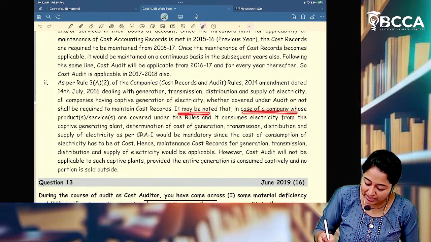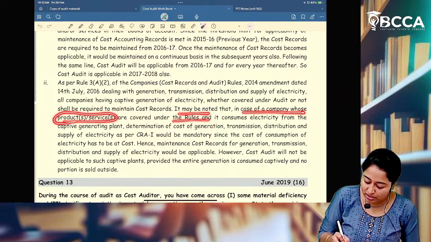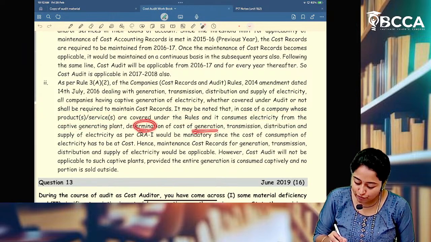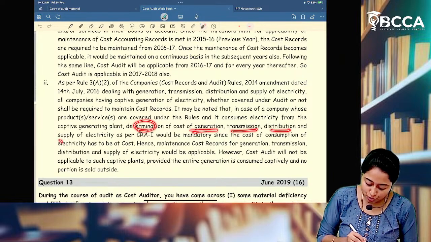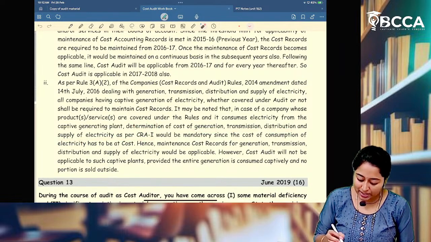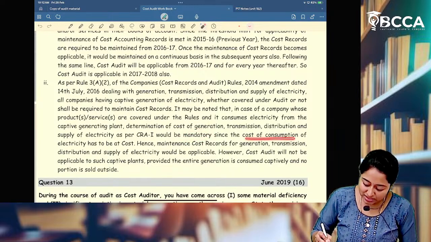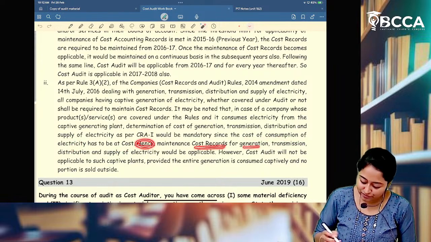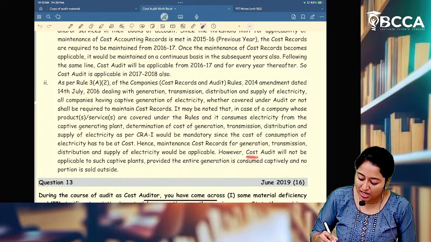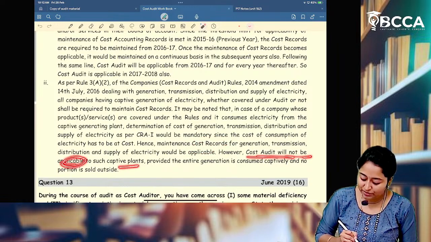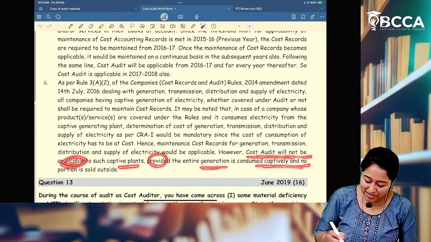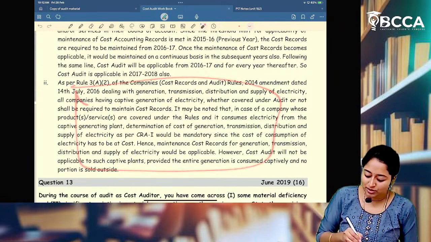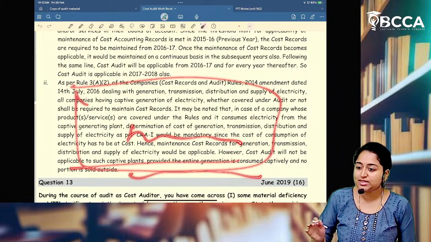It may be noted that in case of a company whose products or services are covered under the rules and which consumes electricity from the captive generating plant, determination of cost of generation, transmission, distribution and supply of electricity as per CRA 1 would be mandatory, since the cost of consumption of electricity has to be at cost. Hence, maintenance of cost records is applicable. However, the cost audit will not be applicable to captive plants provided the entire generation is consumed captively and no portion is sold out. So you write the provision first and then you write whether cost records are applicable and cost audit is applicable. Clear?